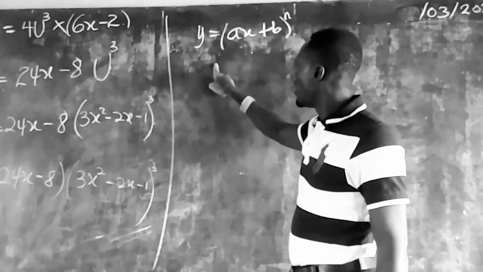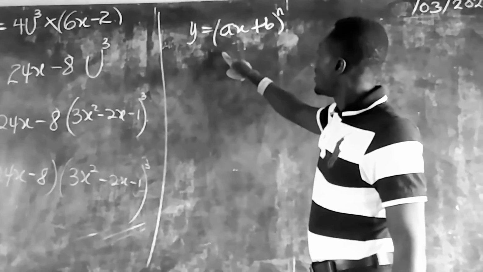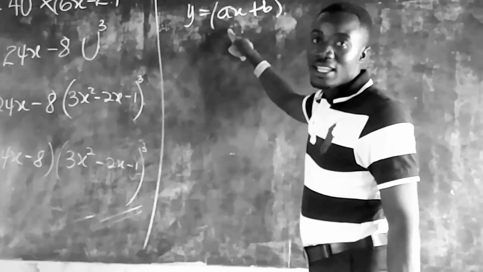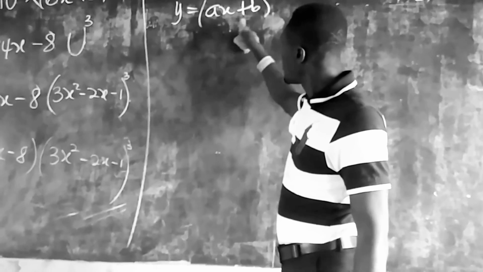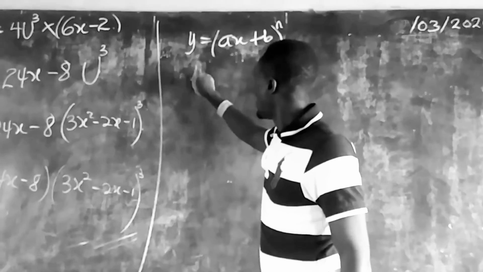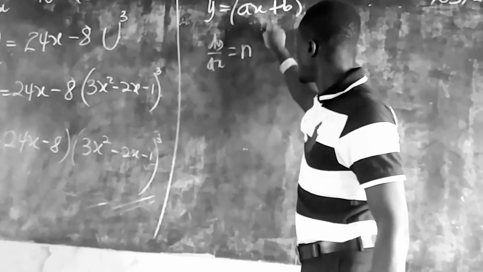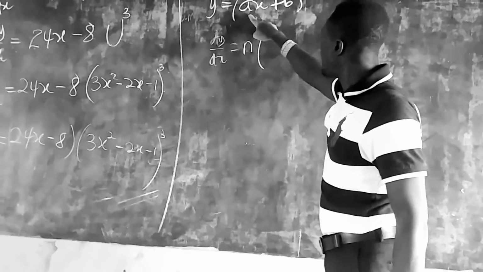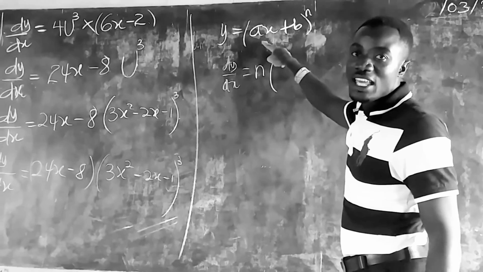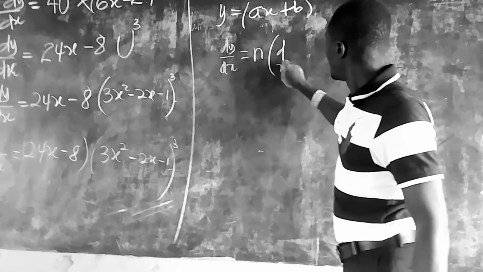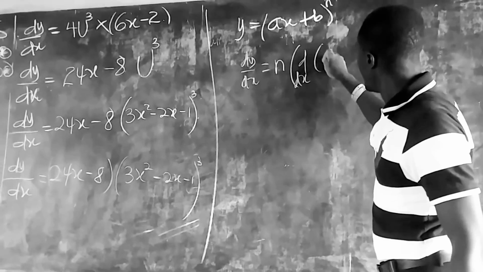So bring the exponent here, n. Then you differentiate the inside term. So let's say dy dx will be equal to n first, then differentiate the inside term.